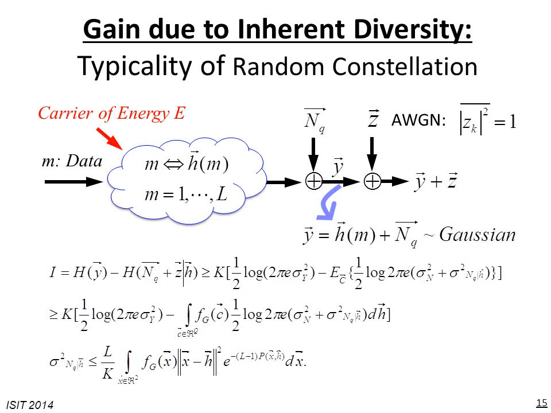The point is, the article will show that when M increases, this expected value tends to the noise entropy in an ordinary AWGN channel.